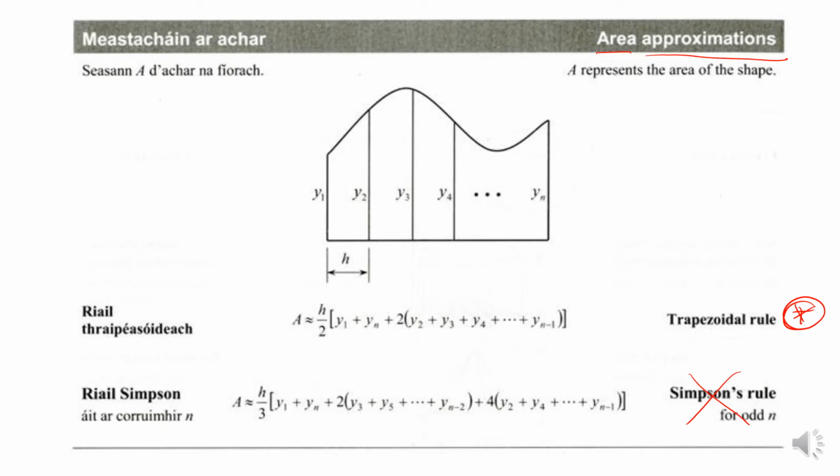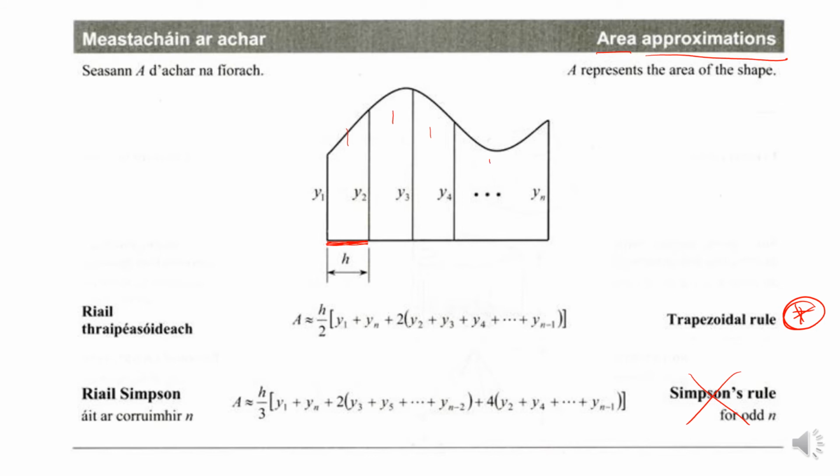H refers to the width between the parallel lines. So basically your shape will be divided up into strips, 1, 2, 3, 4 in this picture, of equal width h.